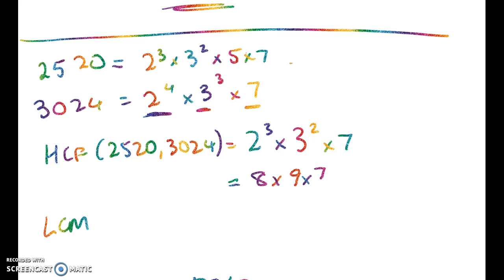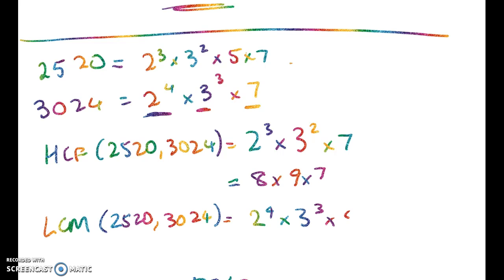And the lowest common multiple, we'll come back and work out what these numbers are. The lowest common multiple of those two numbers will be 2 to the power of 4 times 3 to the power of 3 times 5 times 7. So that's 16 times 27 times 35.